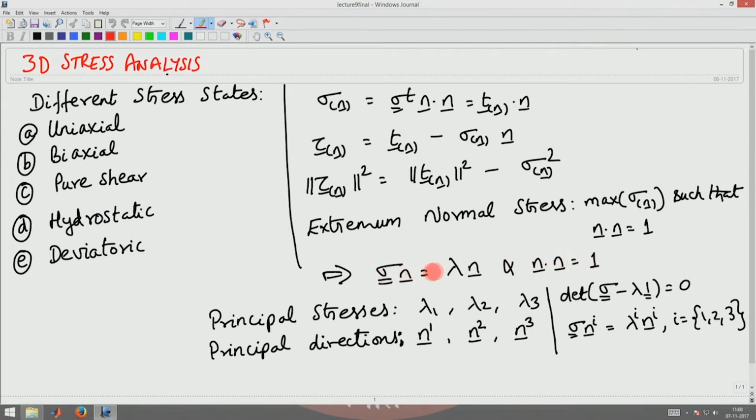For the first equation to have a non-trivial solution, non-trivial n, we require the determinant of sigma minus lambda identity to be 0.